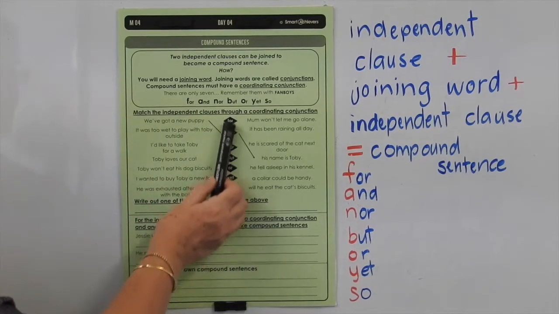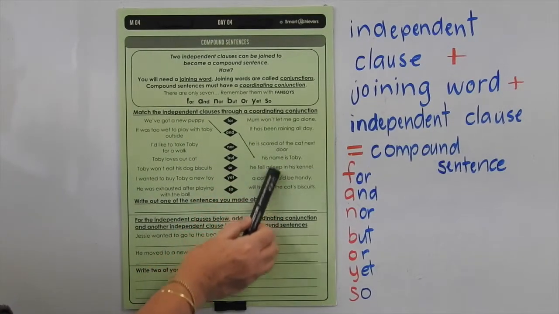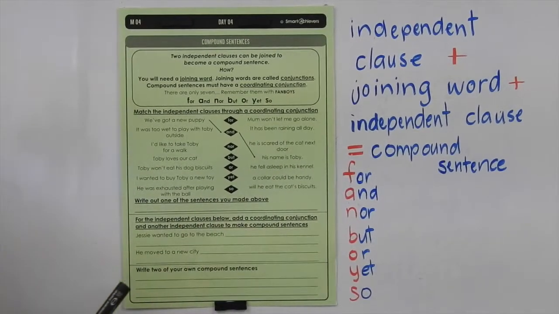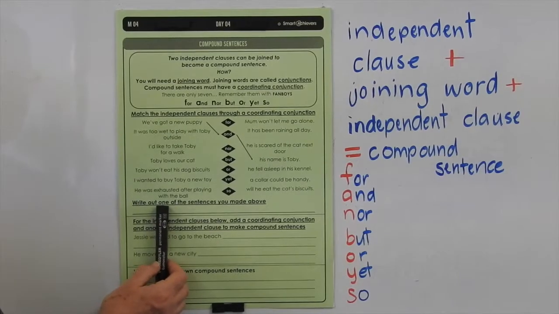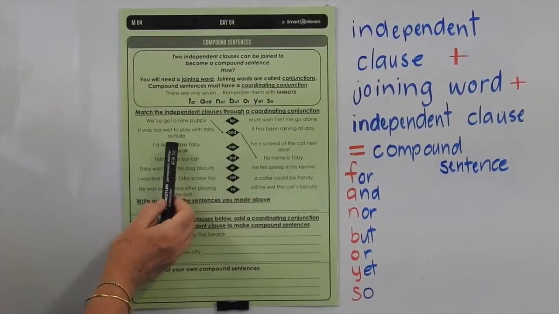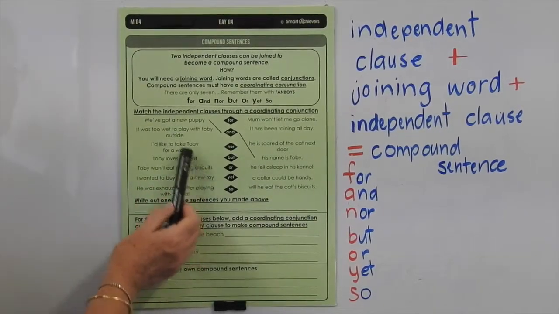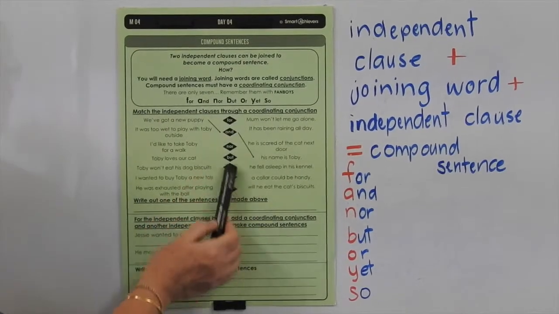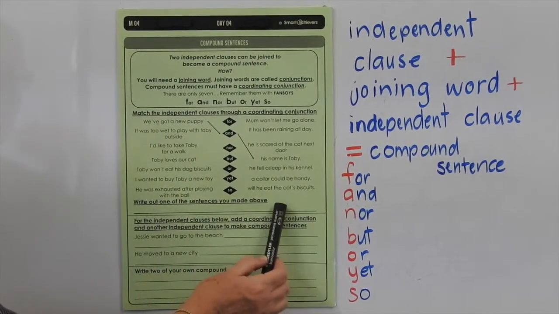You have to work out what the best joining word would be and match it to the best sentence at the end here. Now write out one of the sentences you made above. Choose any one of those sentences that you've made by joining one independent clause to another independent clause using a coordinating conjunction. Write it there.